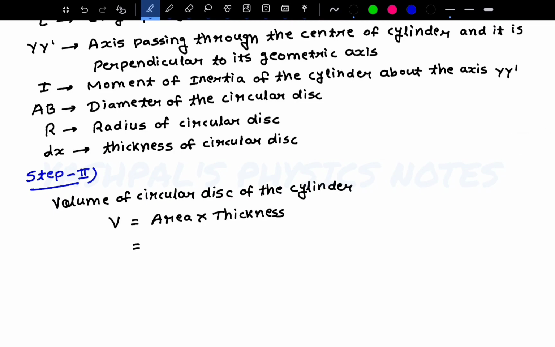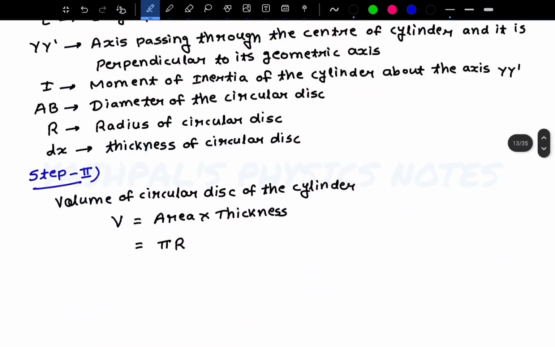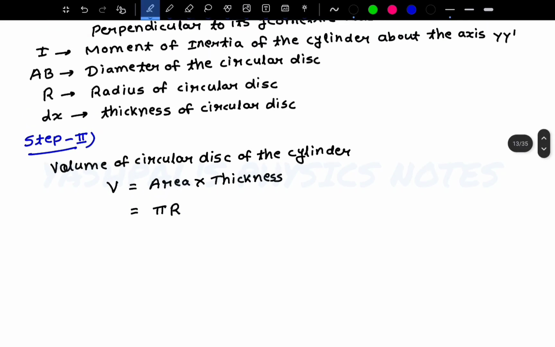As you know, the area of circle is pi r square, where r is the radius of this circular disc, which I have considered capital R. Area is pi r square and we have considered thickness as dx. So this is the volume of circular disc of cylinder. So give this equation number 1. Now in step number 3.